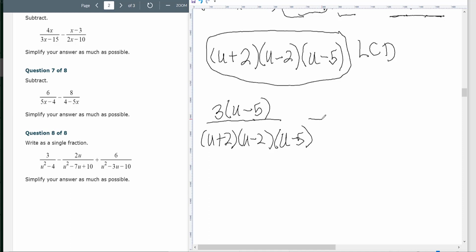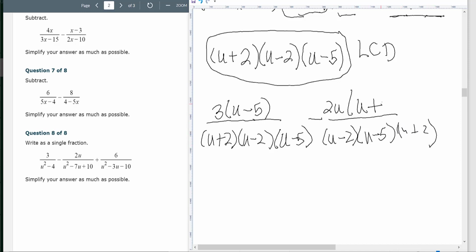All right, for the second one, our second denominator was u minus 2, u minus 5, and you'll notice that it needs a factor of u plus 2. So u plus 2 in the denominator and u plus 2 in the numerator.